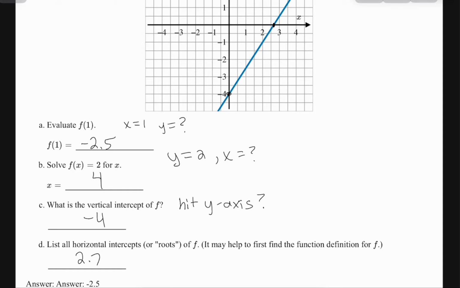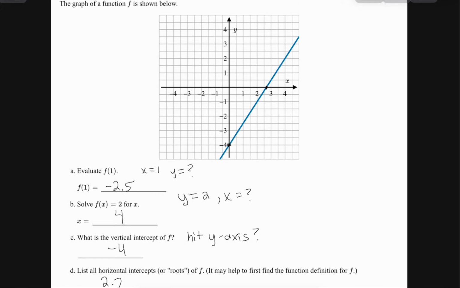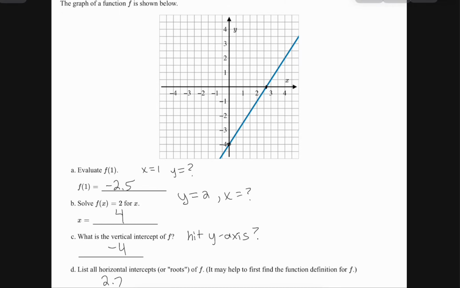They're going to say estimate anytime. Now, if this graph was squiggly and it hits it more than once, include all of those values where it hits it, okay? This is a linear function. It only hits it one time. So there's problem 15.